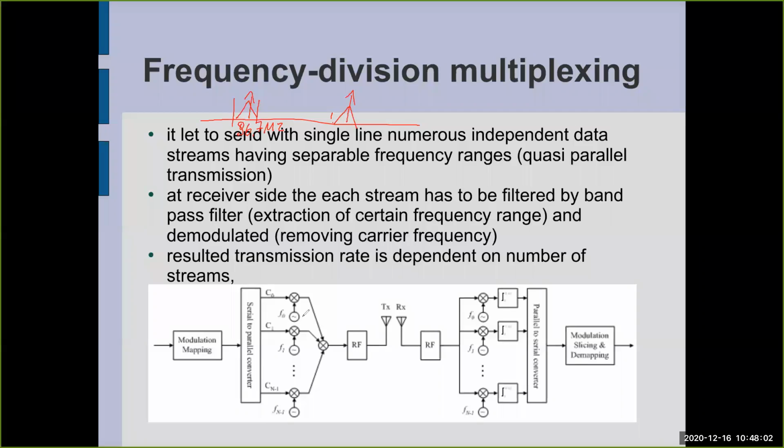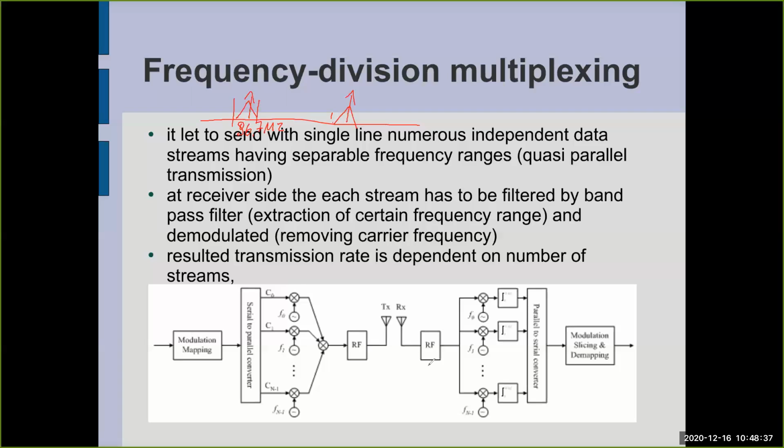So this method can also be applied to wireless transfer of data. So look, in this case, I have several channels, and in these channels, independent data streams are sent. But every stream is modulated with a different frequency, so there is a different carrier wave frequency. And after modulation, it is summed up and transmitted.